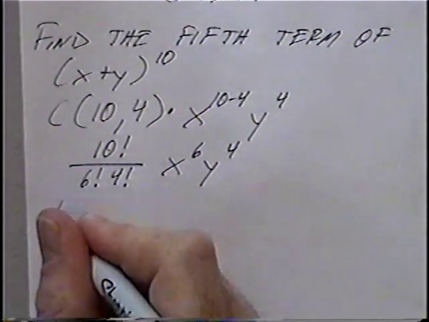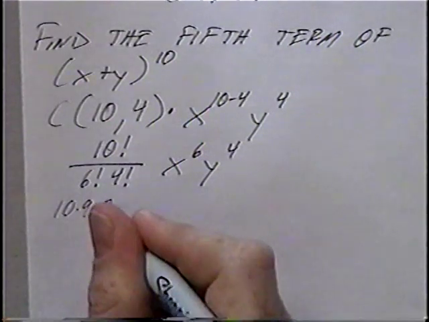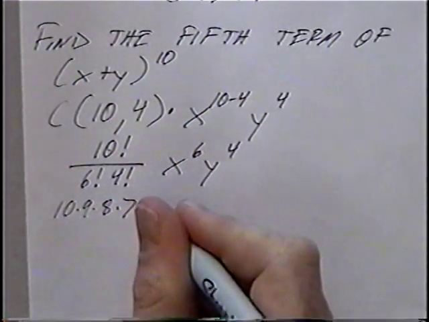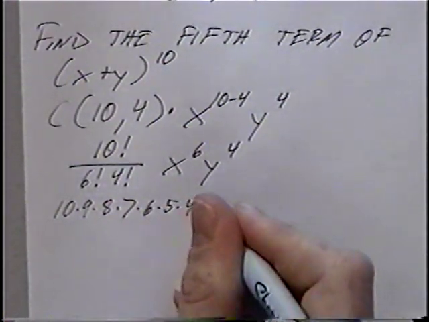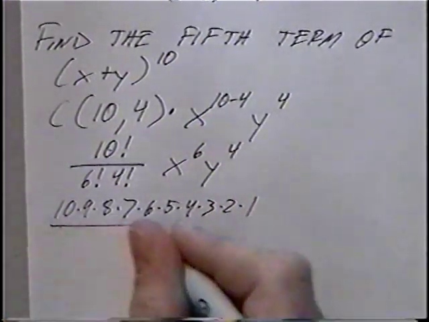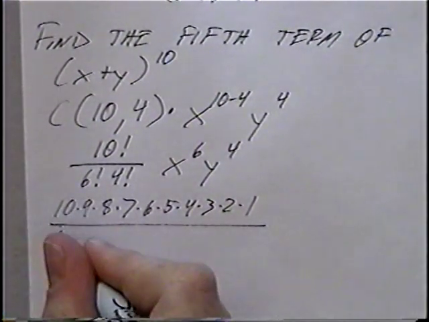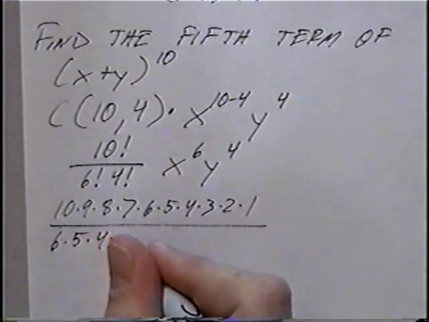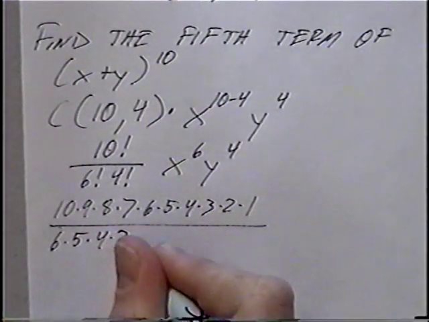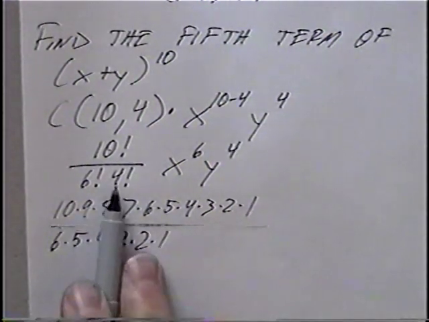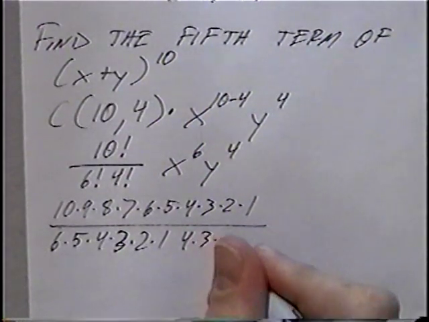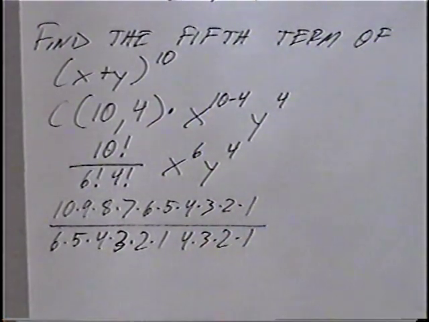Multiplying out the factorials, 10 factorial is 10 times 9 times 8, all the way down to 1. And 6 factorial is 6 times 5, down to 1. And 4 factorial is 4 times 3 times 2 times 1.